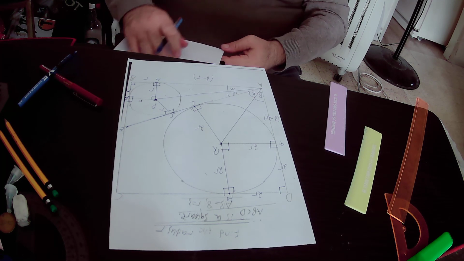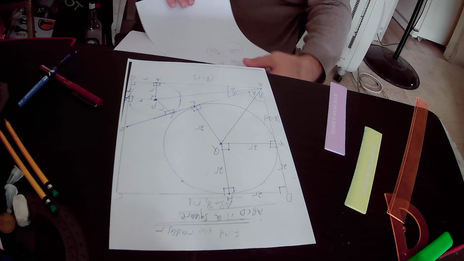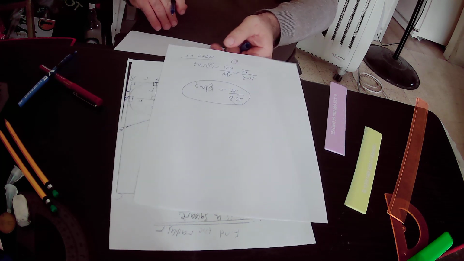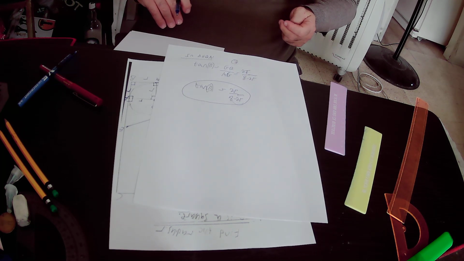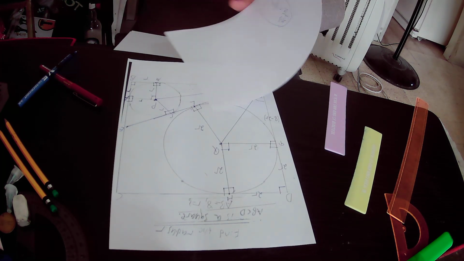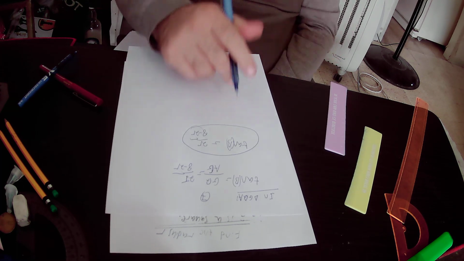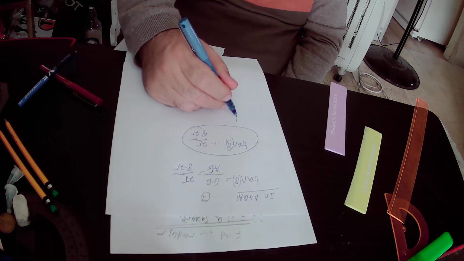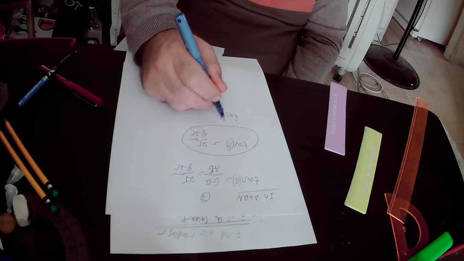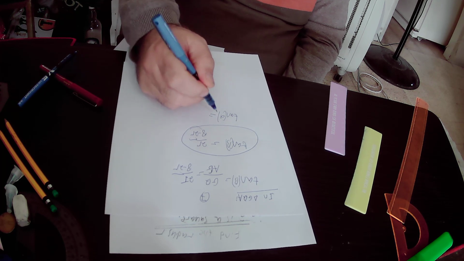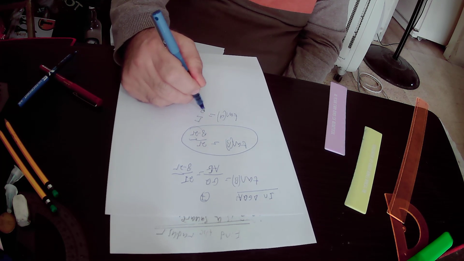We repeat again: tangent beta equals 2R over 8 minus 2R, and we have already found that tangent alpha equals R over 8 minus R.